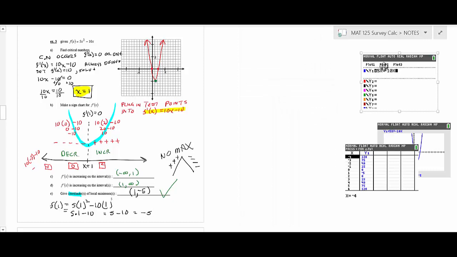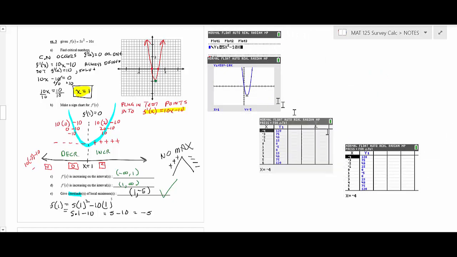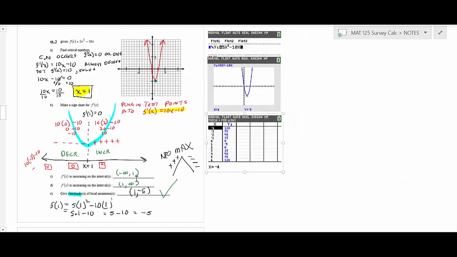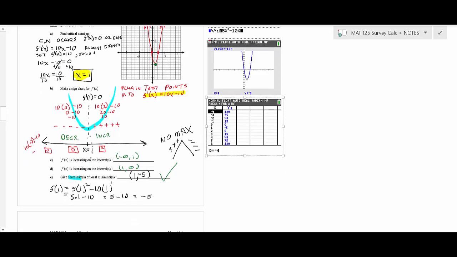And if you begin to look at this graph, just see if that graph matches up with everything that we found with the calculus. Okay, is the function increasing from... what? Did I do that wrong? I sure did, didn't I? The function is increasing on the interval 1 to infinity. I think this was intended to be decreasing.